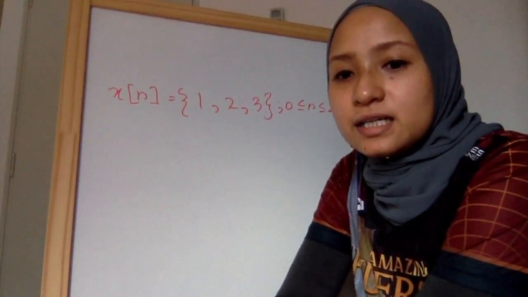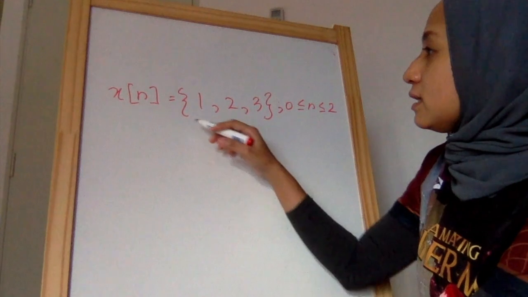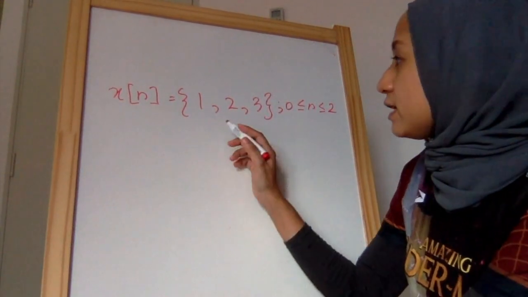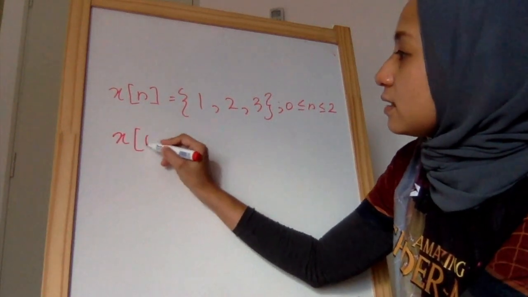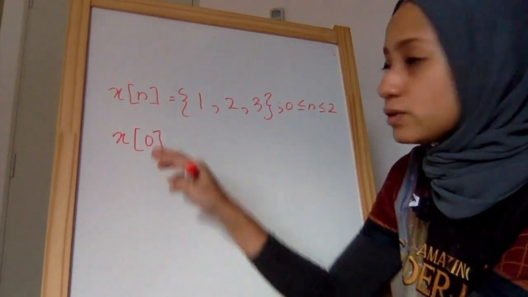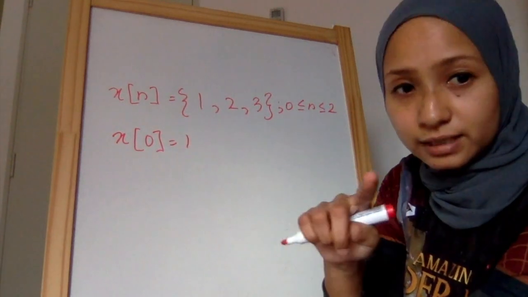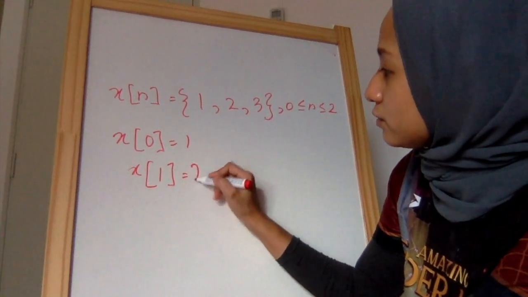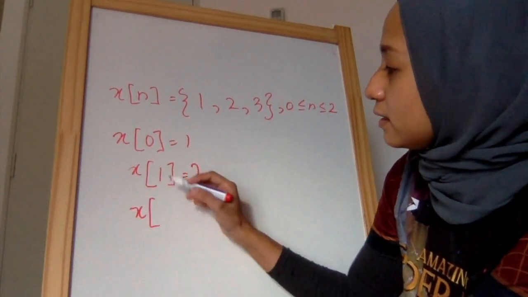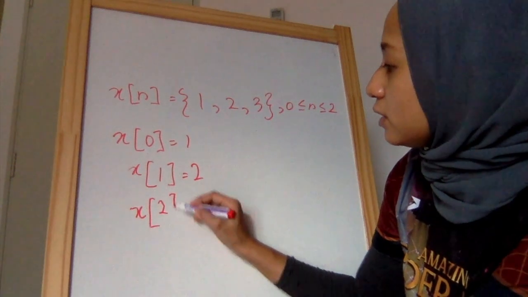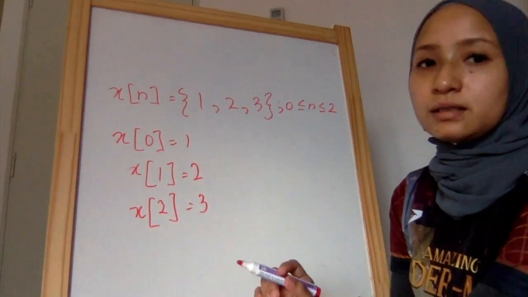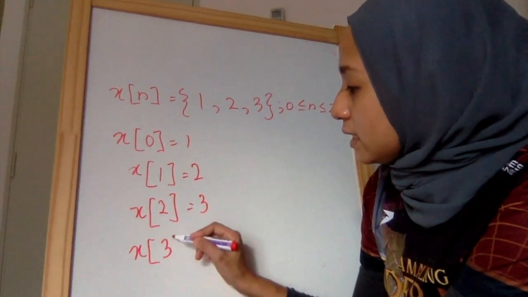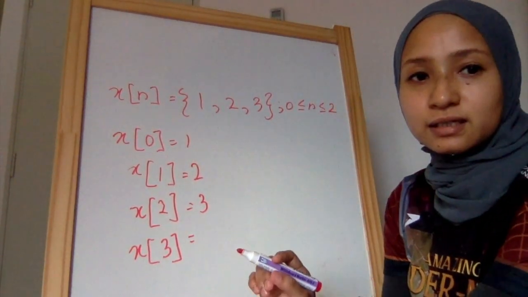When it is circular shifting, it means the numbers will keep circulating. For example, when n equals 0, your x0 is equal to 1. When n equals 1, the value is 2. When n equals 2, the value is 3. But when n equals 3, the value circulates back.